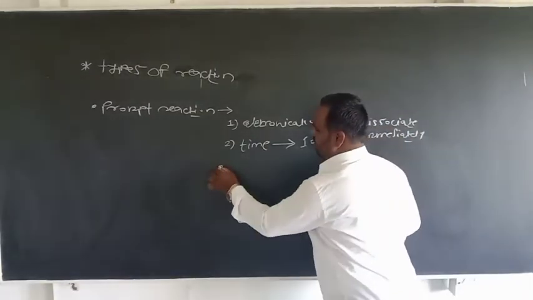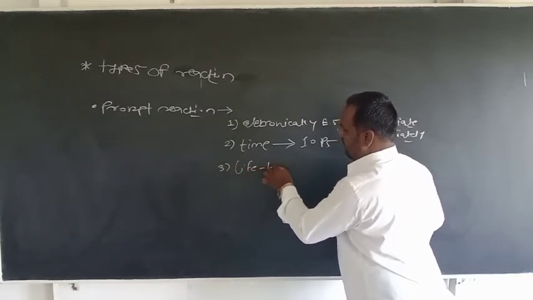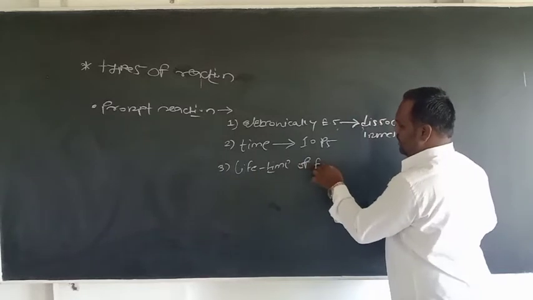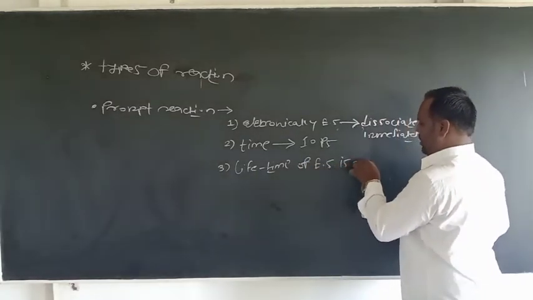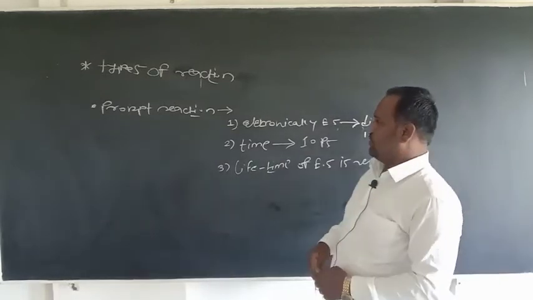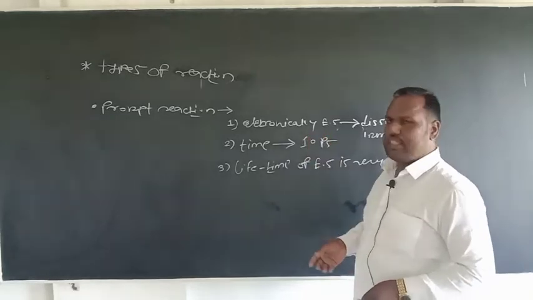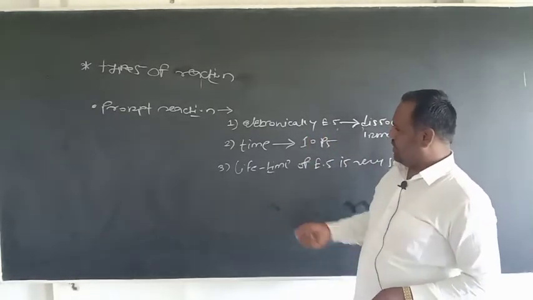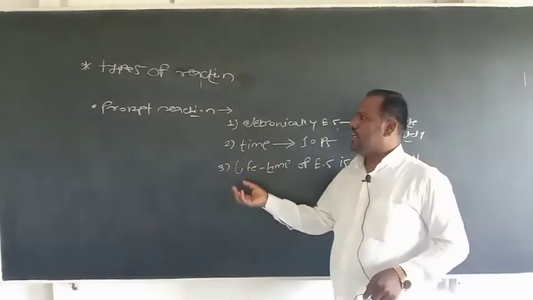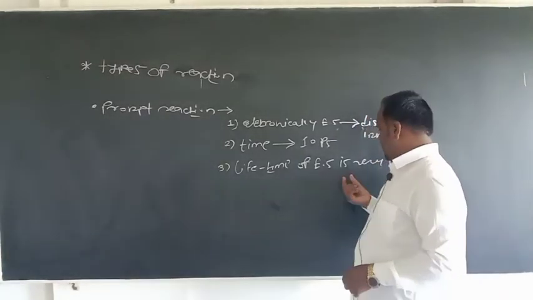In other words, the lifetime of the excited state is very small. So these are some characteristics of prompt reactions: the electronically excited state dissociates immediately after its formation; within less than 10 picoseconds the activated species is converted into the product; and third, the lifetime of the excited state is very small.